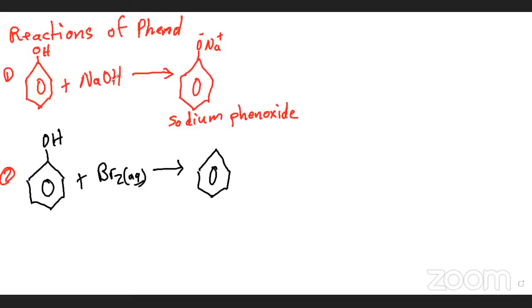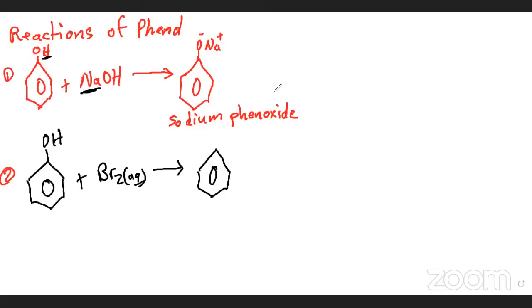For the first one, the sodium ion of sodium hydroxide is displacing the hydrogen. That is why you have this sodium here. So you have to show the minus and the plus. It is charged, but I don't think you should lose any marks if you just put ONa.